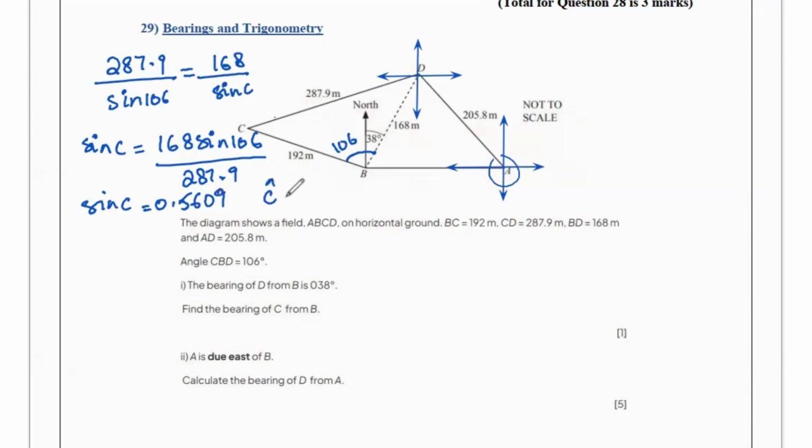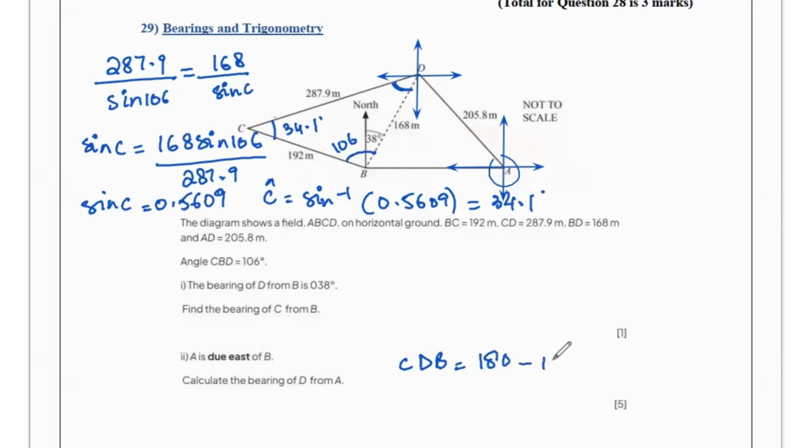And then angle C would be sine inverse of that, which gives us 34.1. So 34.1 is this angle. We can easily find the third angle by doing angle CDB will be 180 minus 106 minus 34.1, which gives us 39.9.